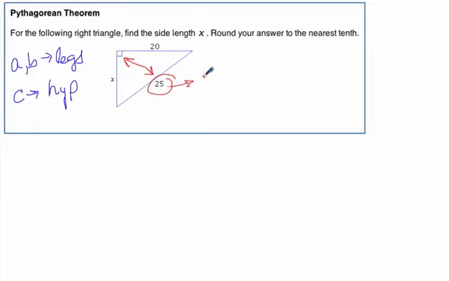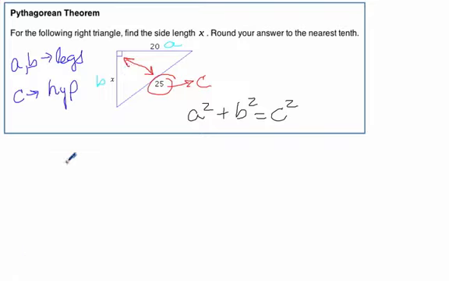So that means this is going to be our C. What's the formula we memorized? A squared plus B squared equals C squared. So we know what C is. We can take a look here, and of course this can be A or B, doesn't matter.